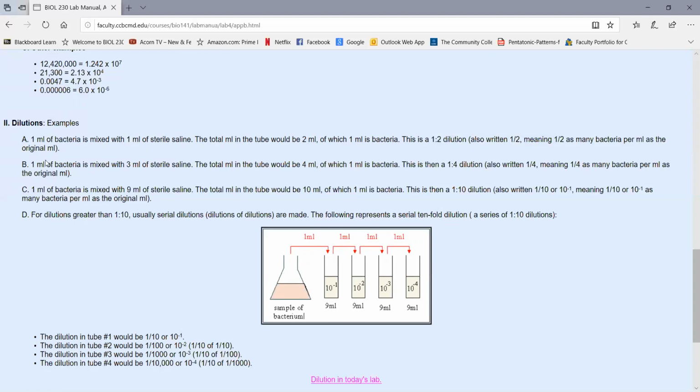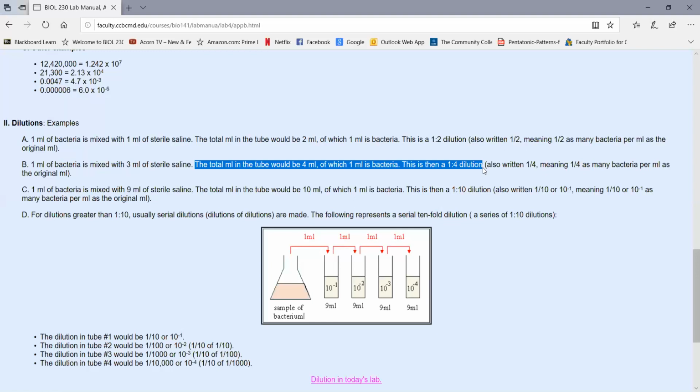Another example, 1 milliliter of bacteria is mixed with 3 milliliters of sterile saline. So there's now 4 milliliters in the tube, 3 plus 1, one of which is bacteria, so that is a 1:4 dilution. And that tube has 1/4 as many bacteria per milliliter as the original milliliter.